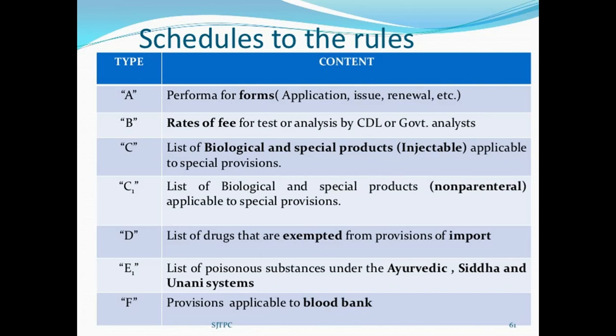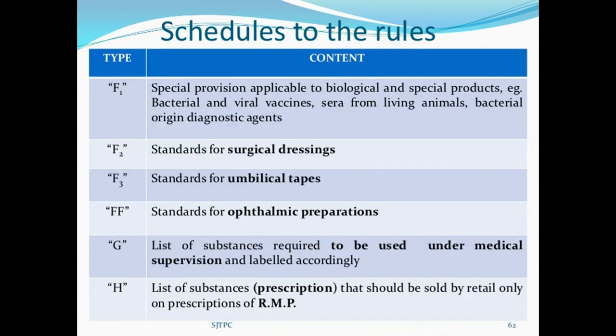Then some important definitions. We can go for Schedule G drugs. Schedule G is important. All the schedules are there, but you have to choose some schedules, and I will tell you: Schedule G is important. That is on the tablet. When you go to the market, you can purchase a strip of medicines.